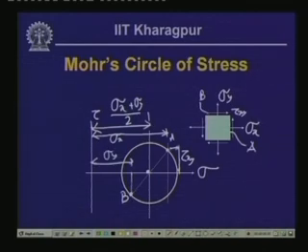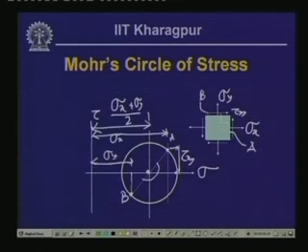Now, if we join these two points by a line which passes through the center, in this Mohr circle the angle between these two planes is 180 degrees, which is 2 theta, and in the physical space the angle between these two planes is 90 degrees, half of this particular angle, and thereby this particular point is the maximum normal stress.